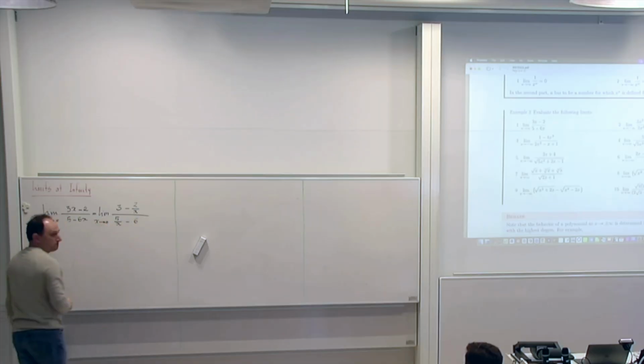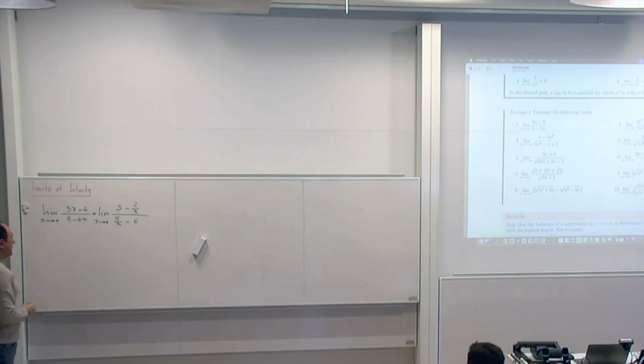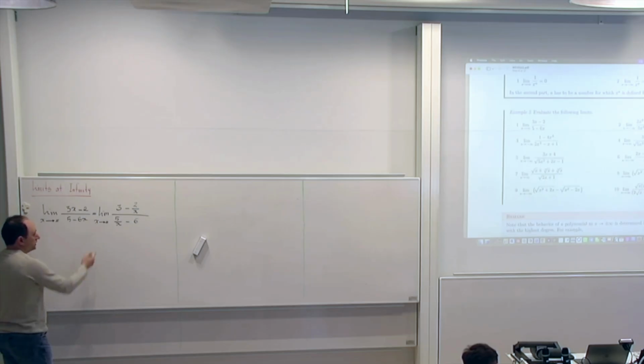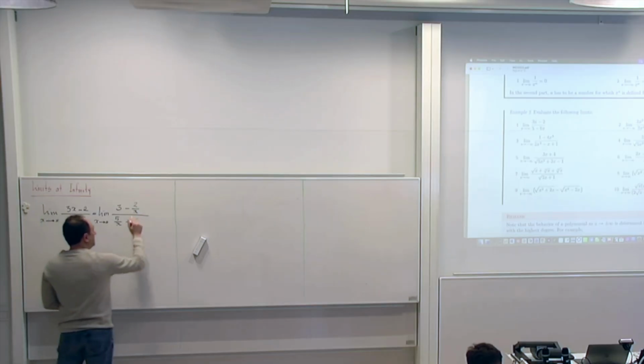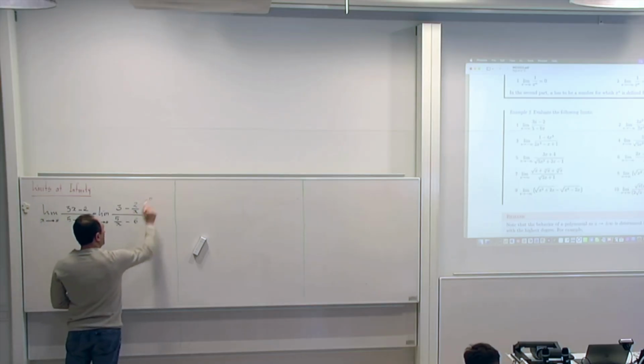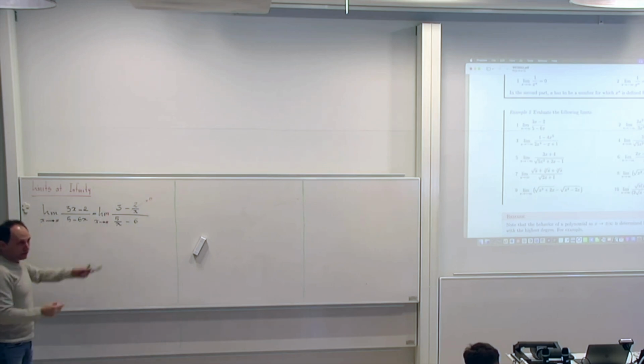Yes? Okay, so this is valid. I can divide both numerator and denominator by the same number, and I'm sure that this number is not 0 because x is very large. And then what can I do? Of course, the limit of this part becomes what, when x goes to infinity? The limit of this part becomes 0 because that's a fixed number divided by a huge number.